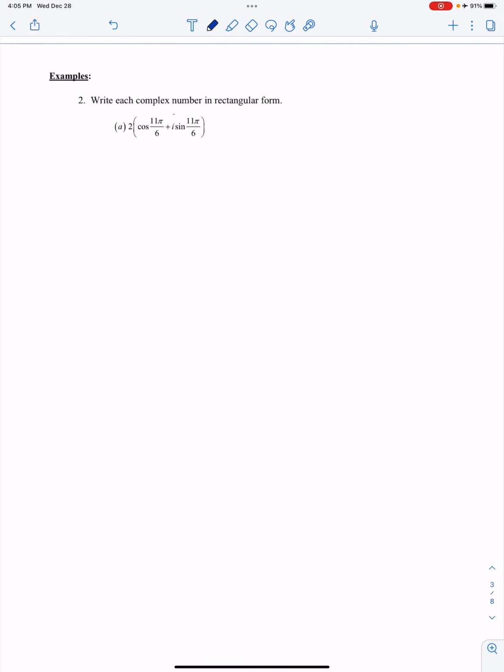Next, we have write each complex number in rectangular form. Our first one, 2 times cosine 11 pi over 6 plus i sine 11 pi over 6. The first thing I'm going to do is I'm going to find out what these are. So what is the cosine at 11 pi over 6? Well, that is root 3 over 2.